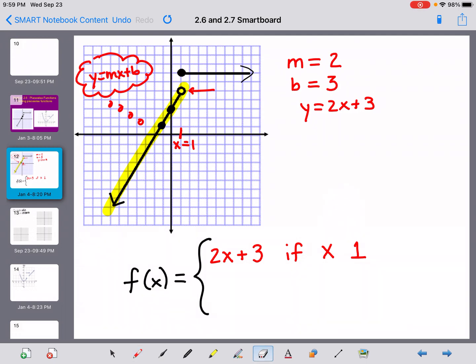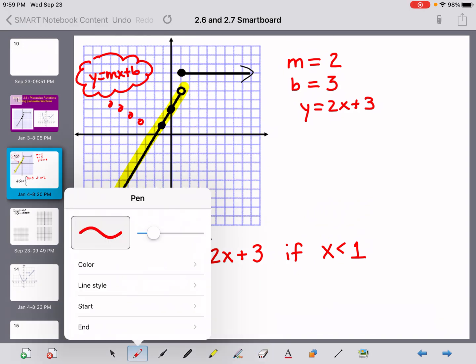So for this question, I know it's an open circle, so I'm only debating between the first two. And because it's going left of 1, I want to use the less than sign. All the numbers that are less than 1. That's your first equation.